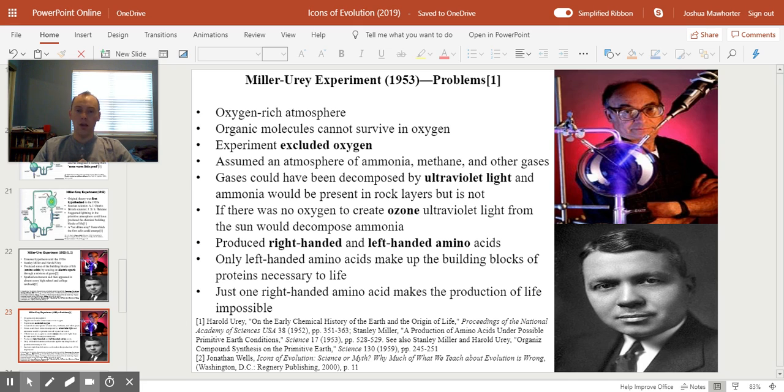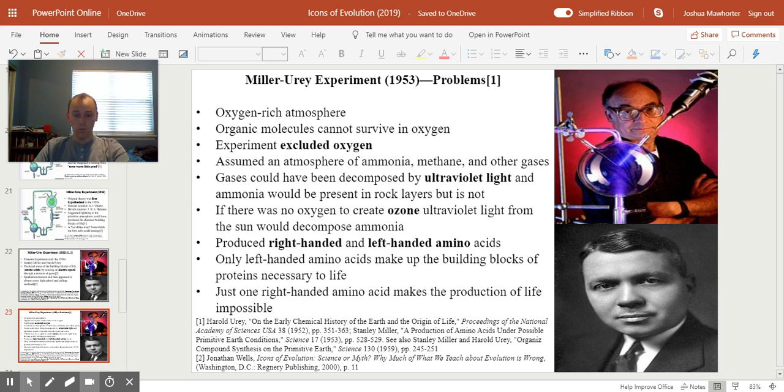When metal oxidizes, that's what we call rust. Rocks oxidize. If you open a banana and it's exposed to oxygen, it will start to oxidize, or we see it as going bad. But the experiment excluded oxygen. So one of their key assumptions was that there was no oxygen, and they knew if they allowed in oxygen that the experiment would not work.